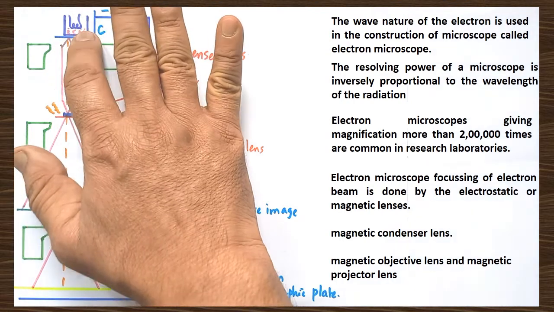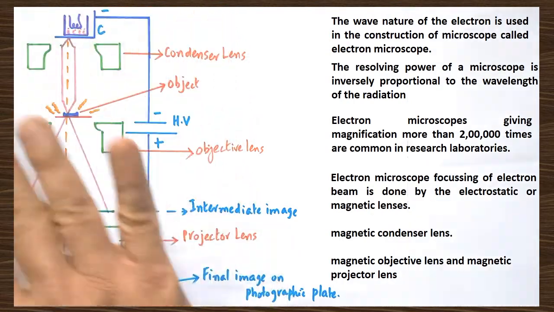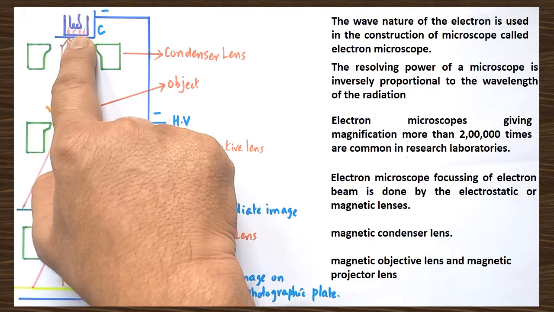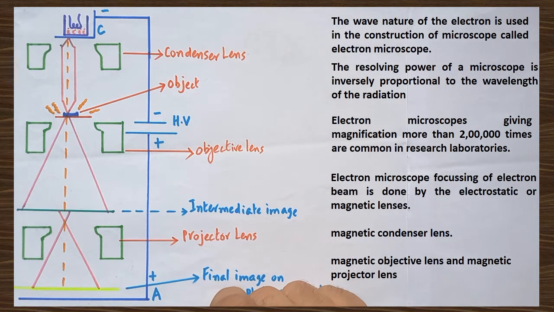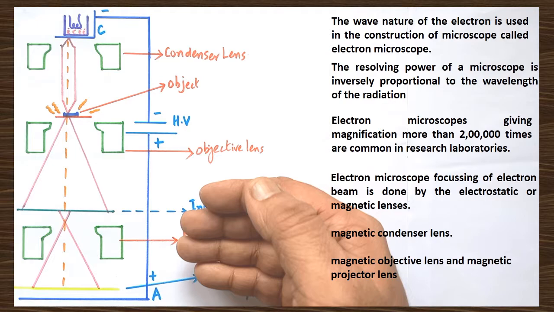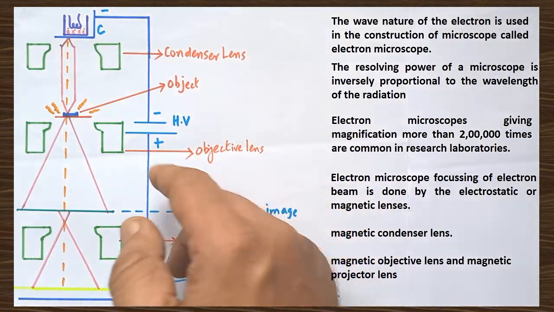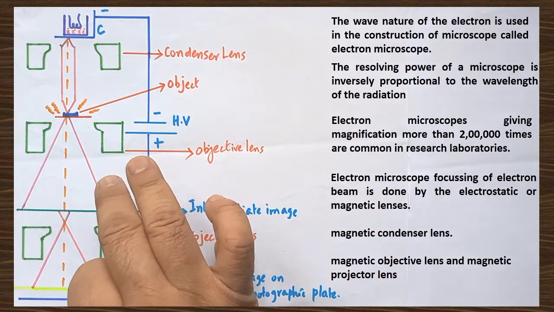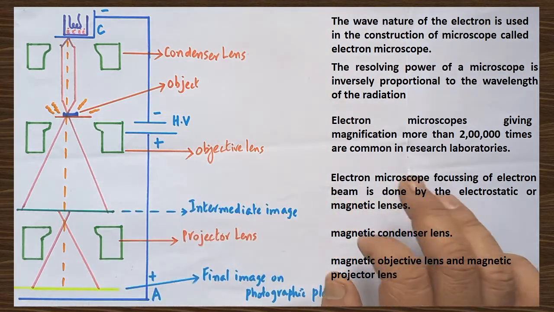So, the electron is the main important thing. Are you clear? Their wavelength is reduced with the help of our prior concept I have already taught. By applying appropriate potential difference, the wavelength of the electron can be increased or decreased. So, the wave nature of the electron is mainly used in the working of the electron microscope.